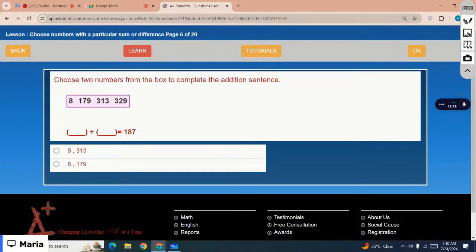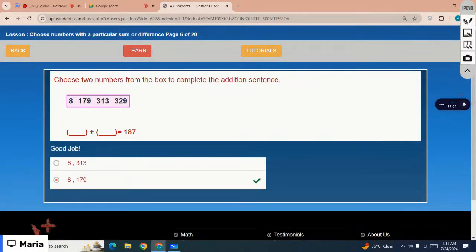Choose two numbers from the box to complete the addition sentence. Which two numbers have the sum 187? The correct option is, yes, that's option number two. 179 plus 2 makes 187. Option number two is the correct option.